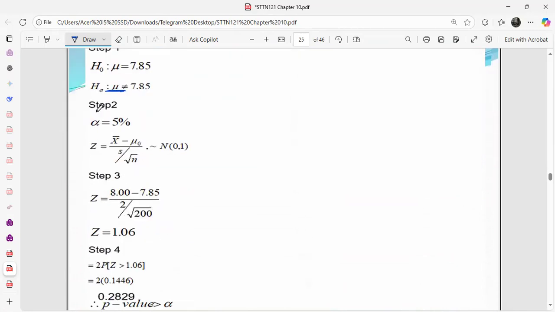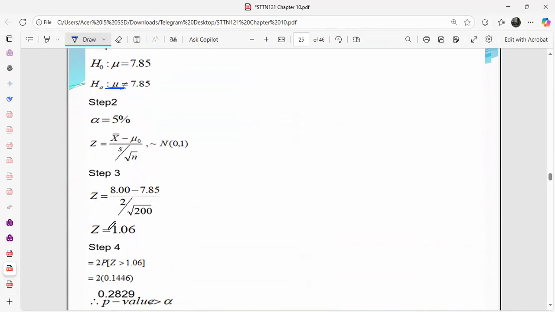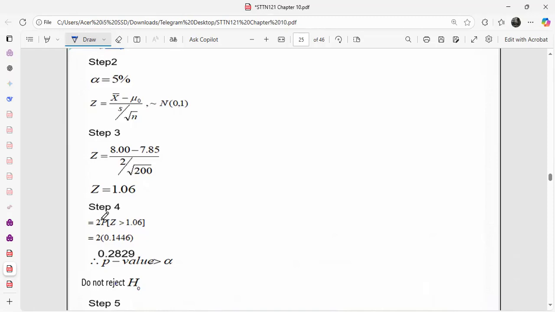Remember, you specify the level of significance, write the z formula, and get the z value. Then you say 2 multiplied by, since it was 1.06, open bracket 1 minus the probability that corresponds with 1.06 here.